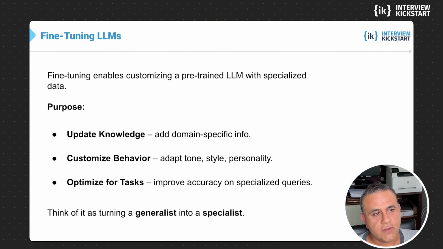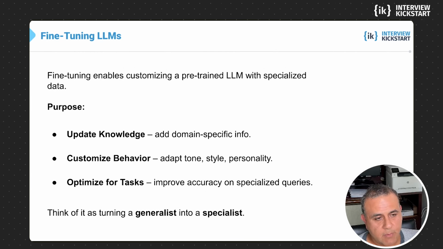You can also use fine-tuning to adapt the style or even the personality of the model, in terms of culture, or how it behaves in its language and style, so it matches your organization. And then you could optimize it for some very specialized tasks.